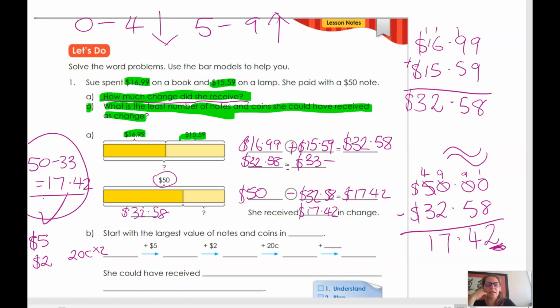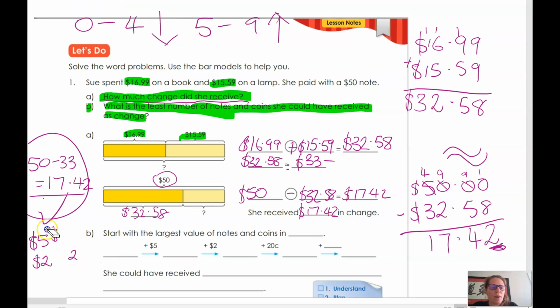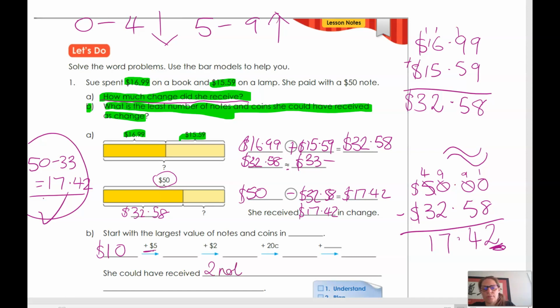So the answer is, oh, with $10 as well. So it's $10, isn't it? Let me fix this so you can actually see what I'm doing, because I'm a bit messy. This is my brain on a piece of paper, kiddos. So it's $10 and $5. There are 2 notes.